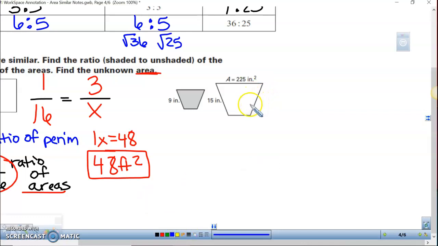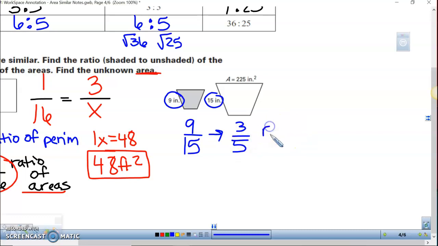Same thing over here, okay? 9 to 15, those correspond. Now I'm going to reduce, take a 3 out of both. This is the ratio of the perimeters. I'm looking for area though, so when I come to do this proportion, I have to make sure I square this ratio, right?